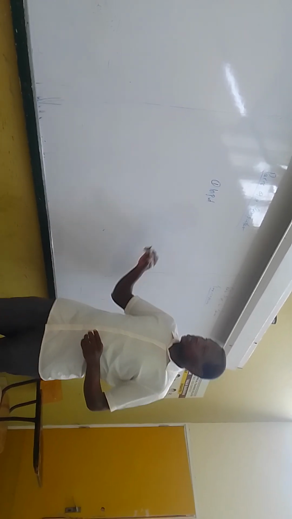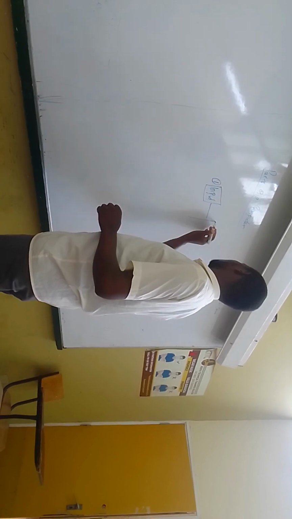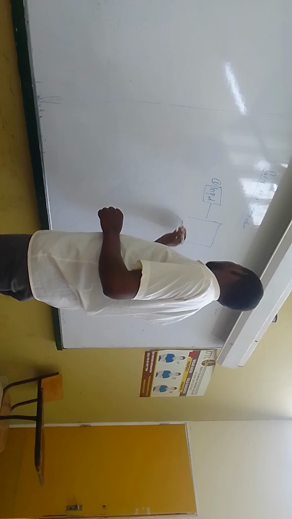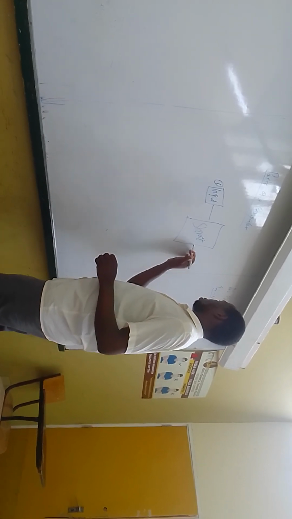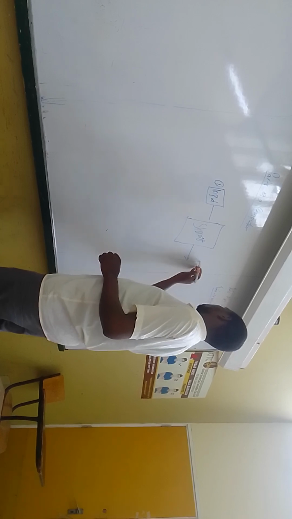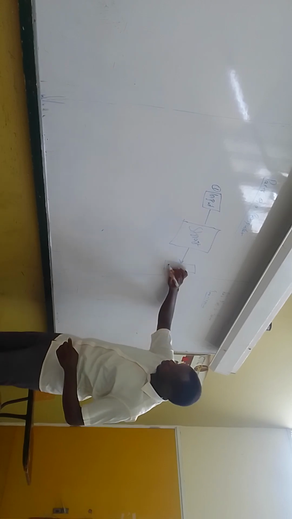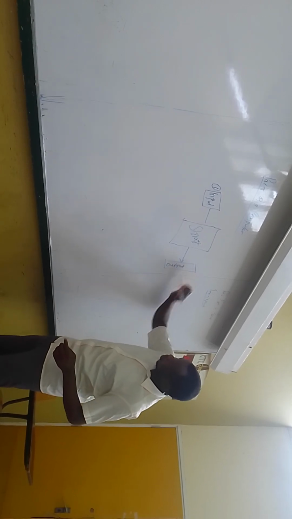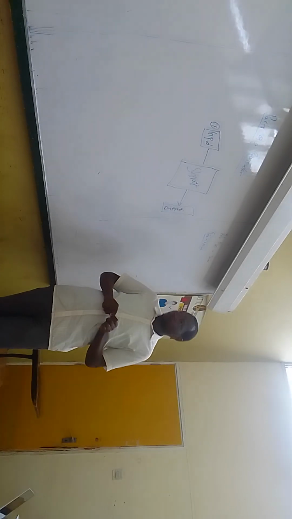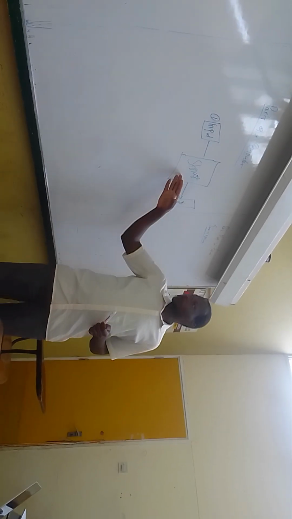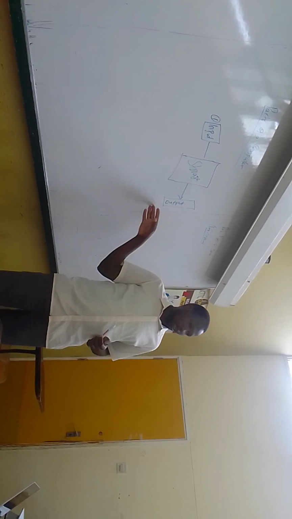The second part is the storage, and the final part is the output. Those are the main parts of a computer: the input, the storage, where information is stored, and the output.